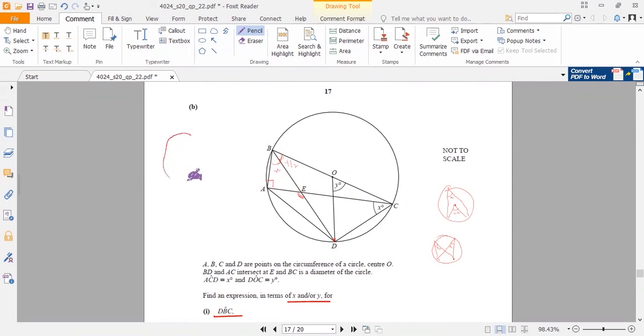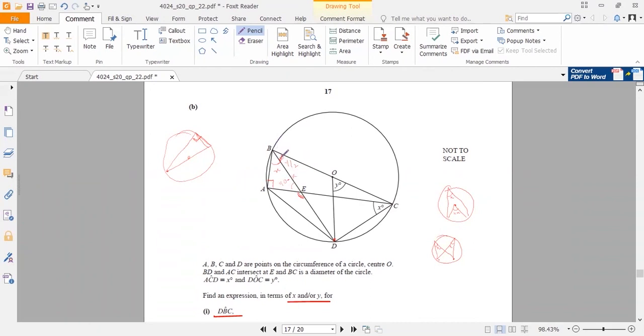According to this property, if a triangle is made with a diameter and touches any part of the circumference, then this angle will be 90 degrees. Now if we consider triangle ABE, this angle is 90, this angle is X, so this angle is 90 minus X.